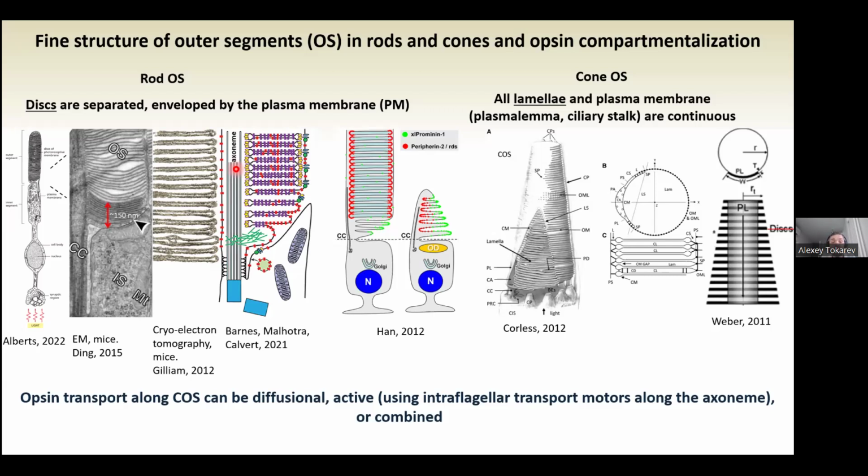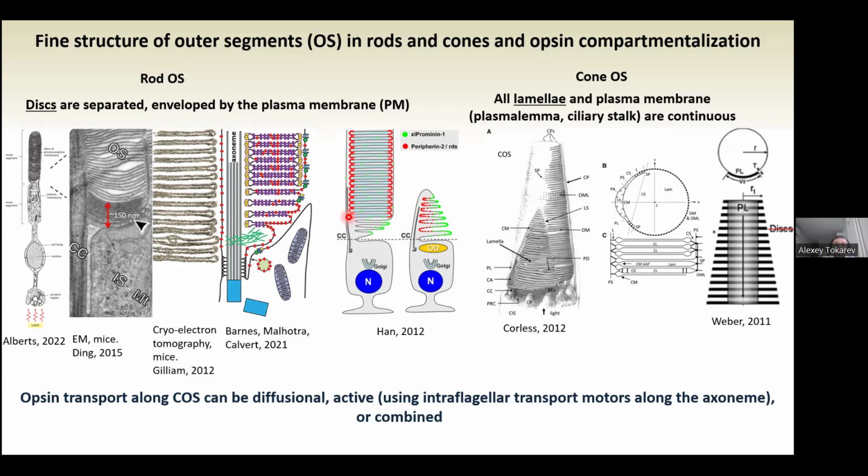And so in general, rhodopsin can be transported from inner segment to outer segment and along outer segment, in particular in cones, but maybe also here in rods. So maybe it can be transported by these motor proteins in theory.